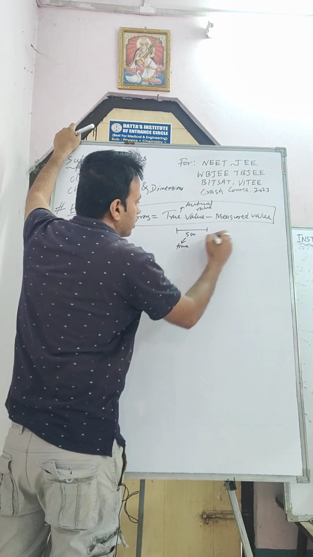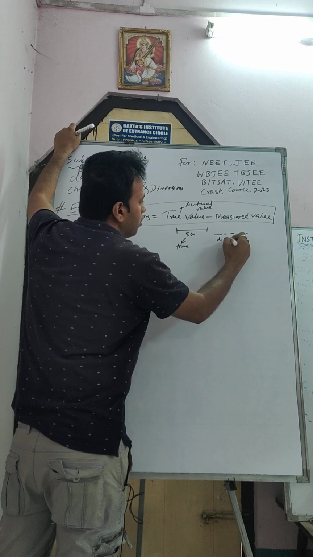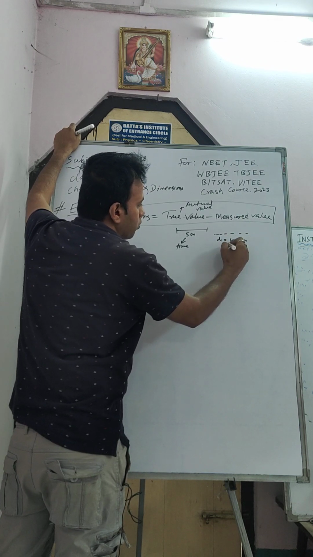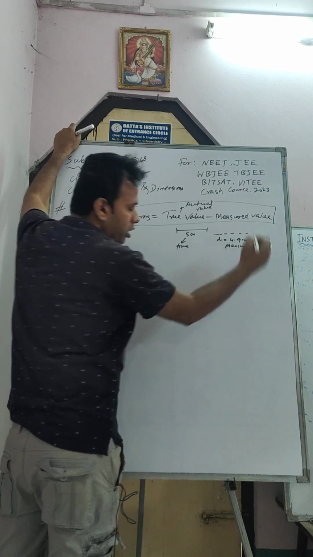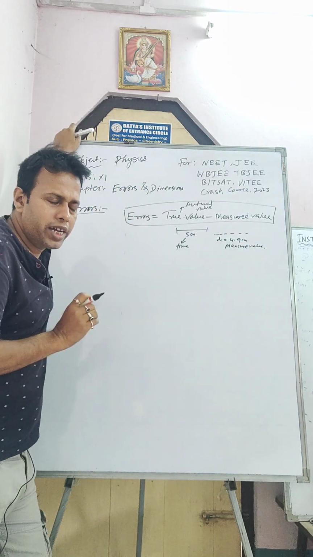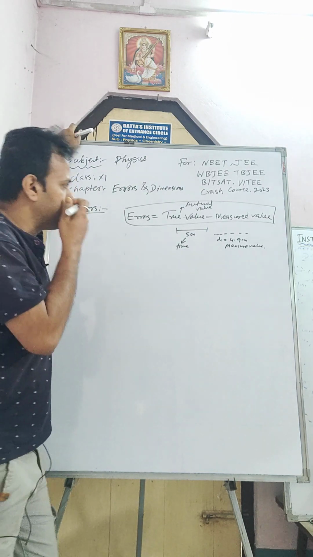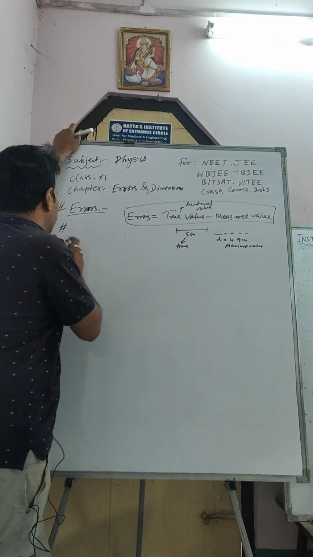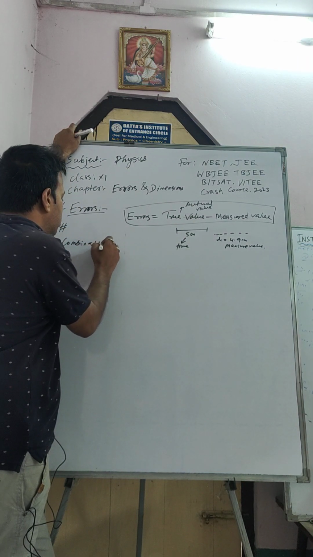And you measured its length and it is 4.9 centimeter; it will be its measured value. Okay, so just to remember: error is actual or true value minus measured value.